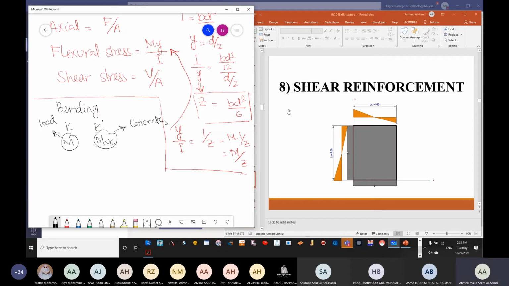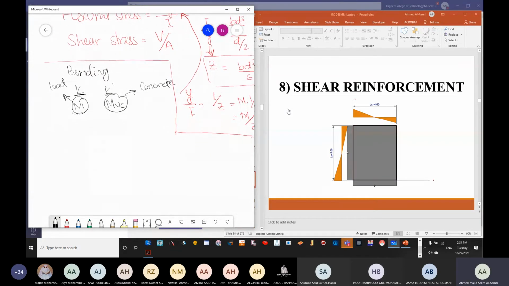Now, if your moment value or K value is lesser than the concrete capacity, it's weaker than concrete, then no need to have a doubly reinforced section. If your M is more than MUC or K is more than K dash, it means that the load intensity is more than the capacity. So you need to have extra reinforcement in the compression zone.